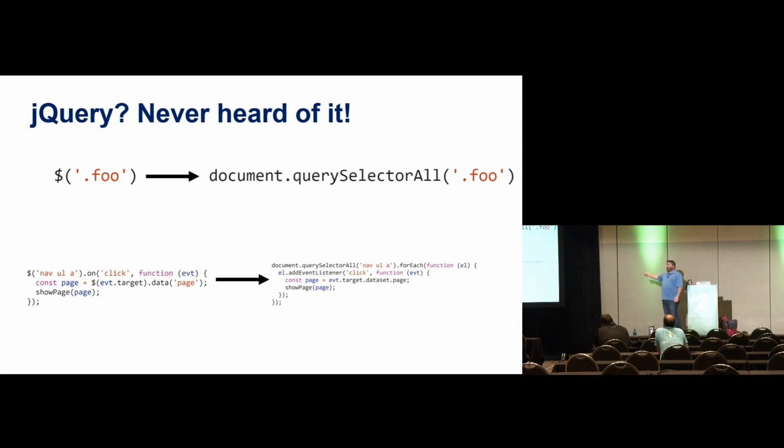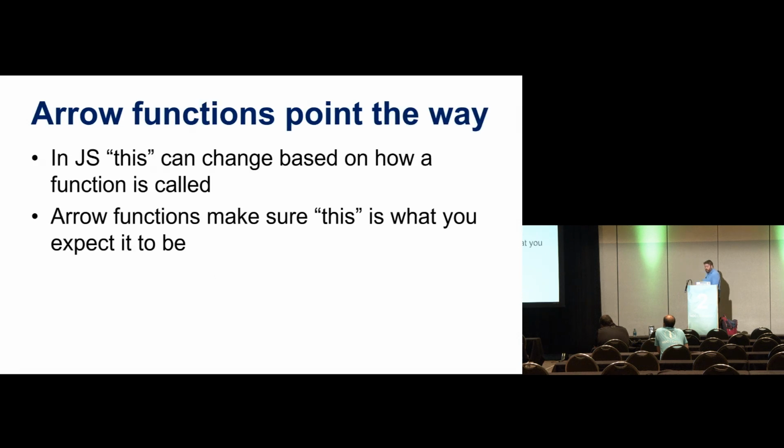Now, I will say that I personally think that the jQuery API for doing events is a lot friendlier than the DOM native API, but when you look at how big jQuery is in terms of download size versus just writing out a little bit extra here, I feel like it becomes harder and harder to justify the friendlier syntax there. So jQuery, not even once.